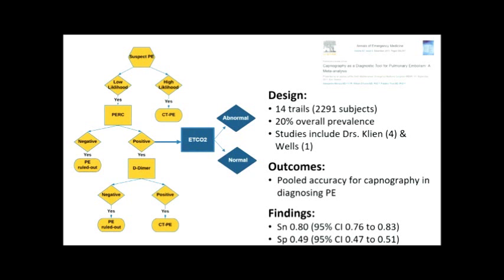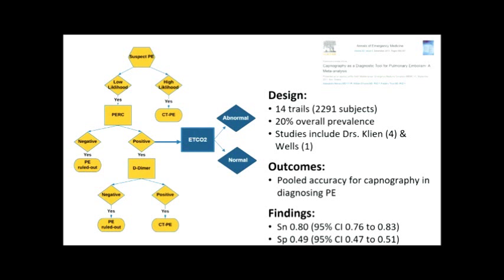Now compare this to the D-dimer, highly sensitive, nearing 100%. Specificity is around 45%. So we use the D-dimer because it is highly sensitive, and if it's negative, we're able to rule it out. This test is less sensitive than the D-dimer, so likely of no use to us because the D-dimer would allow us to rule out patients, and this wouldn't be able to do it with the same sort of certainty.